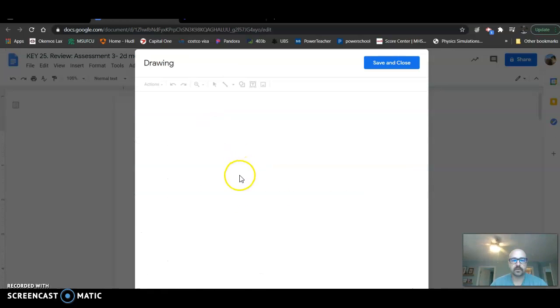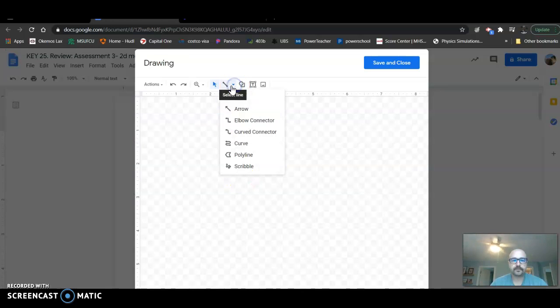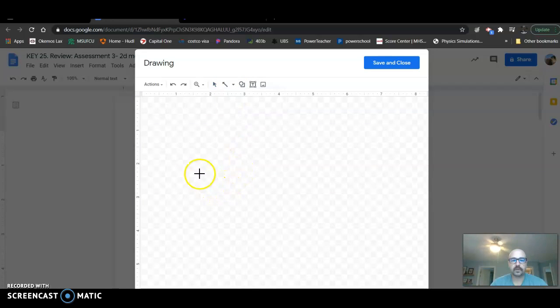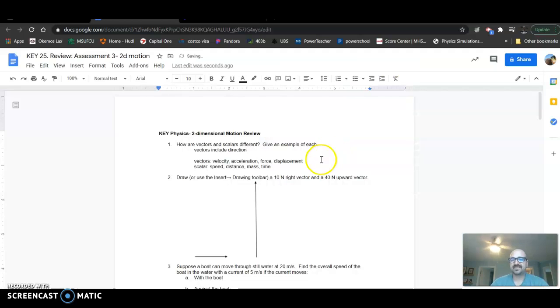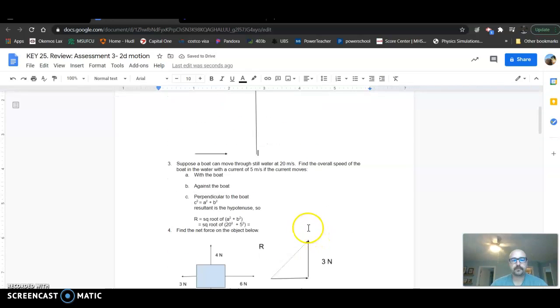If I put in an arrow that's 10 Newtons to the right, let's say I make it this size, then the one that's 40 Newtons upward I'd have to make 4 times bigger than that. So roughly something like this. I'm just guesstimating at the size, but something like that works perfectly for that answer.